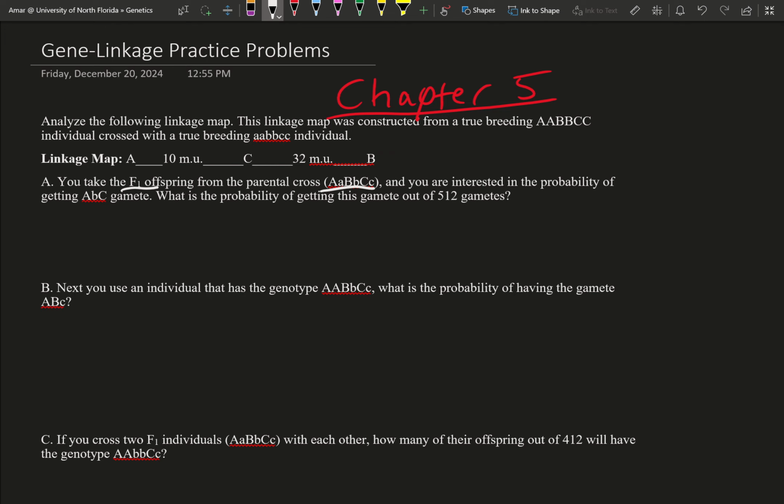Basically, what each homolog has is very critical, and that'll change your final answer for part A, part B, and part C as well. We're going to go over this in more detail later, but you need to understand the actual genotype and the chromosomes for a particular individual, and that will guide you toward how to solve these problems. Okay, so hopefully that made sense.